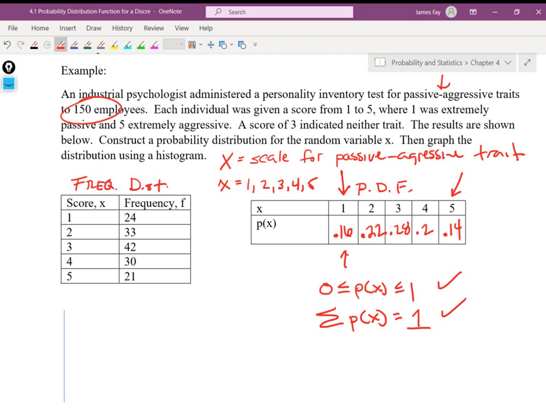If I take 0.22 times 1,000, it's going to give me the people that would have classified between neutral and passive. Does that make sense? And if I multiply by 0.14, I get the people in that 1,000 that are going to be aggressive. So I can get an idea now, off of another sample or another group of people, of their breakdown based off of this information. Does that make sense? Okay.